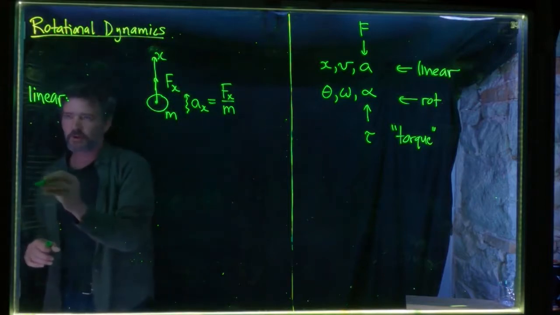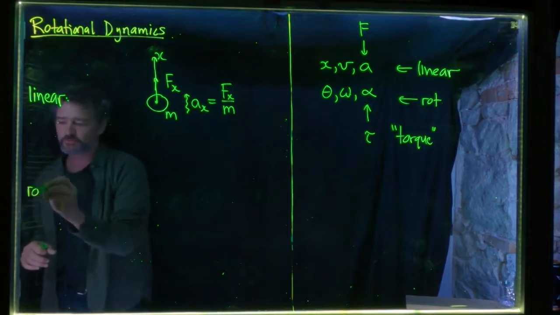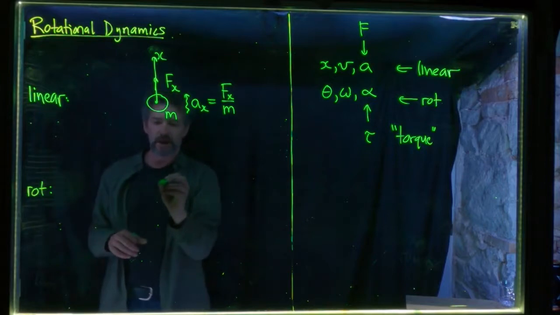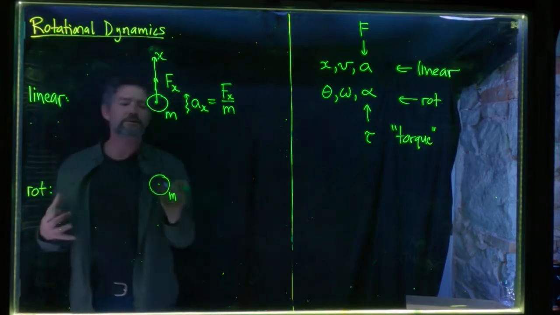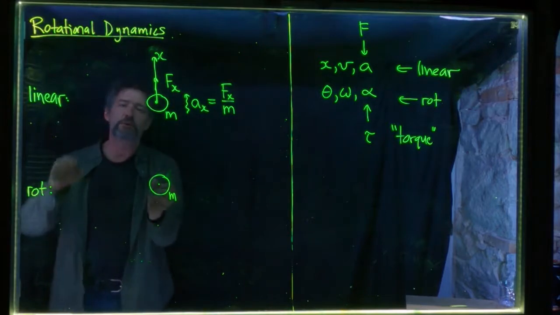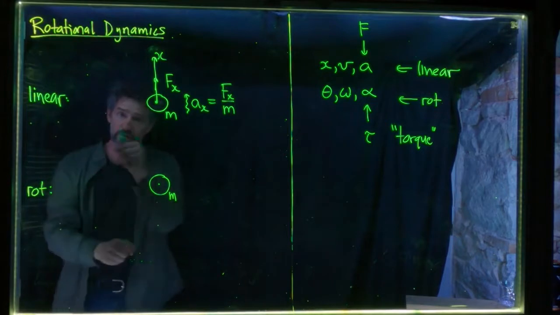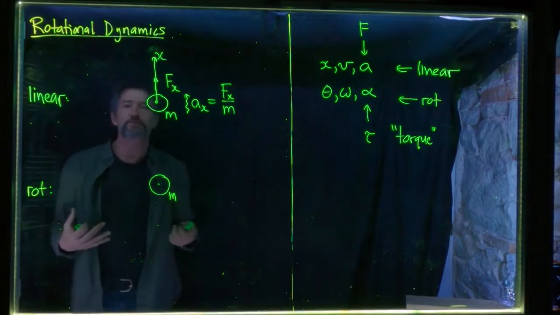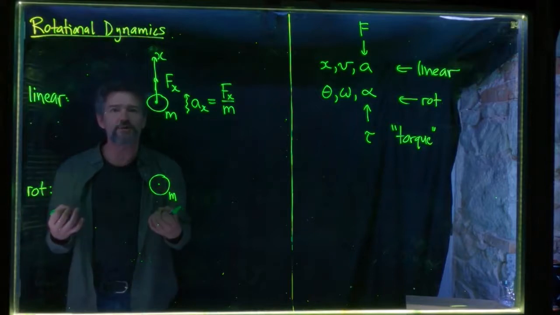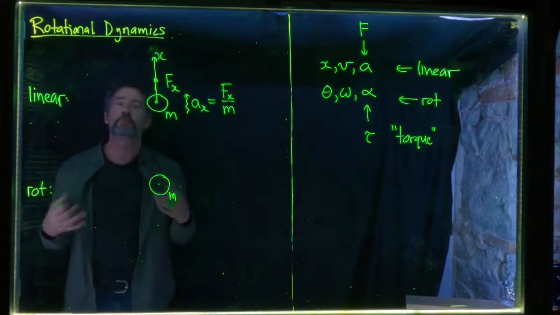Okay, so for rotational motion, we're going to start with the same mass, m. But instead of a mass m moving along the x-axis, what we want is a rigid body that's going to rotate. So we take this mass and we construct from it the simplest possible elemental rigid body.